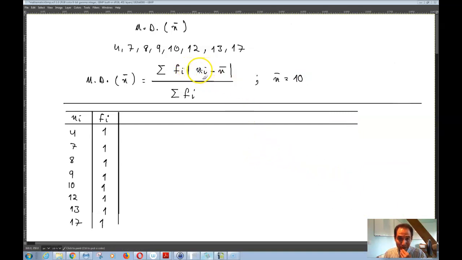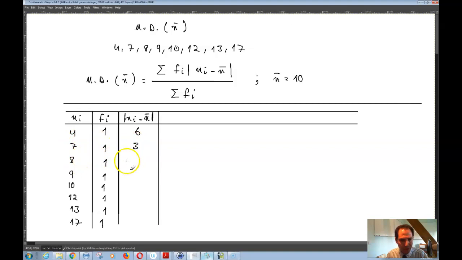So now what I need is x sub i minus x bar, and take the absolute value of that. Then we need to calculate f of i times this, which we will do in the next step. So 4 minus 10 is equal to negative 6, so that's a positive 6 in the absolute value.